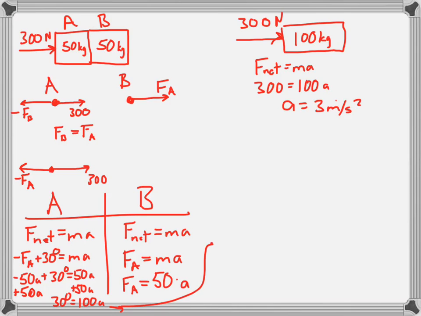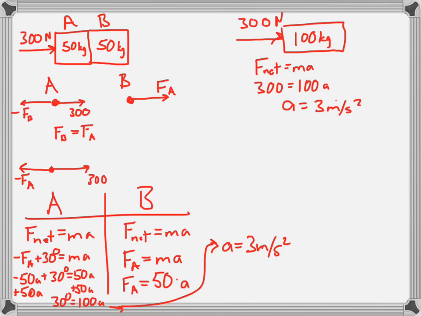All right, there we go. Little a equals 3 meters per second squared. And that is the same acceleration that we got up here in the situation where we had a single 100 kilogram box.